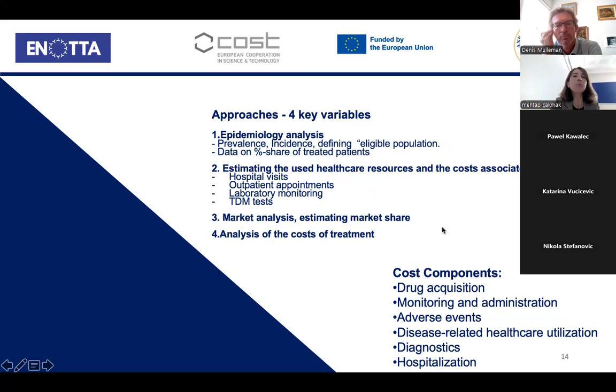And the other one is market analysis, estimating market share. It's important for pharmaceutical companies. It's important for new drugs. Also, analysis of the costs of the treatment. These are the 4 key variables.